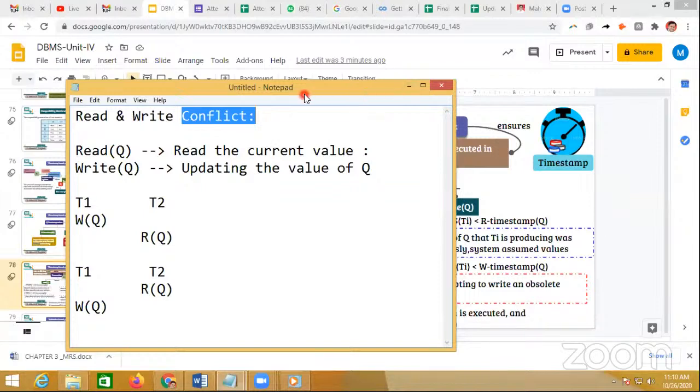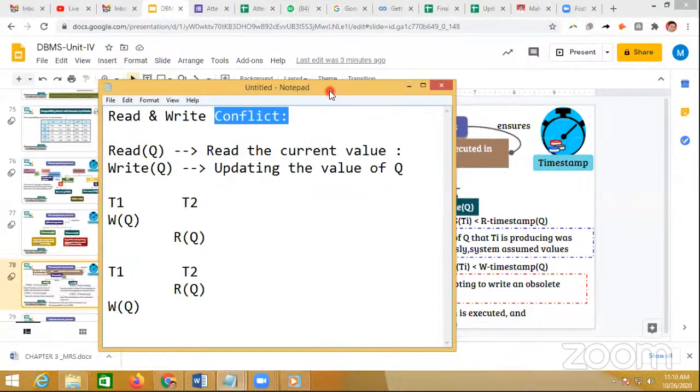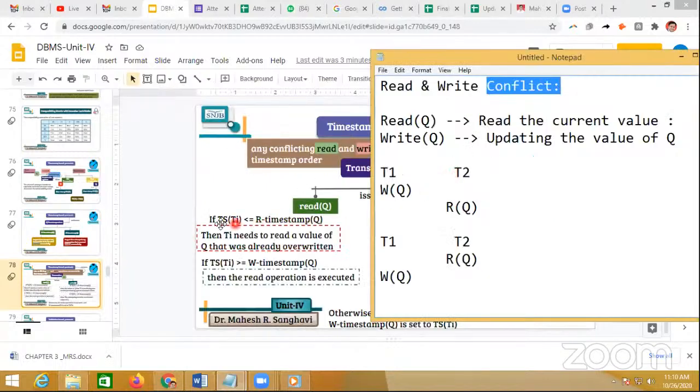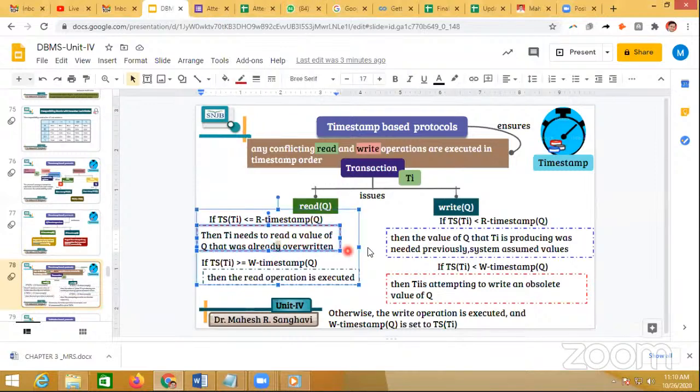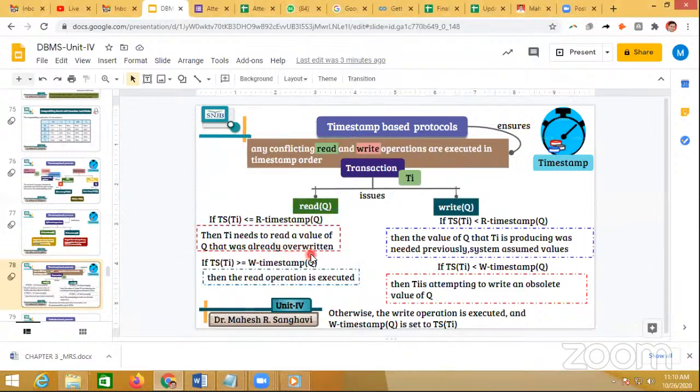Now you can focus on how it is taken care of in these conditions. Focus here properly and you can understand. Suppose I'm talking about this operation, TS of TI. Let's say this is T1. It is less than or equal to the read timestamp, which is coming later on, so this will be greater. When this value is greater, it indicates that TI needs to read the value of Q that was already overwritten.